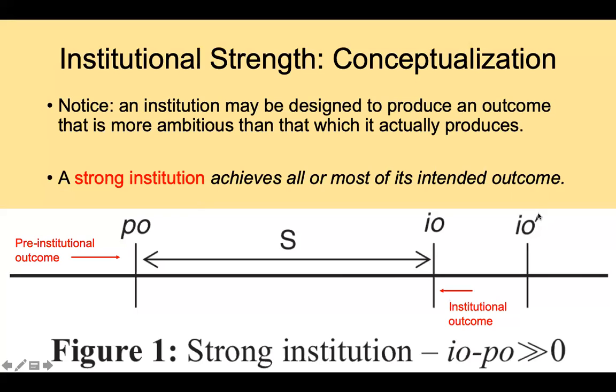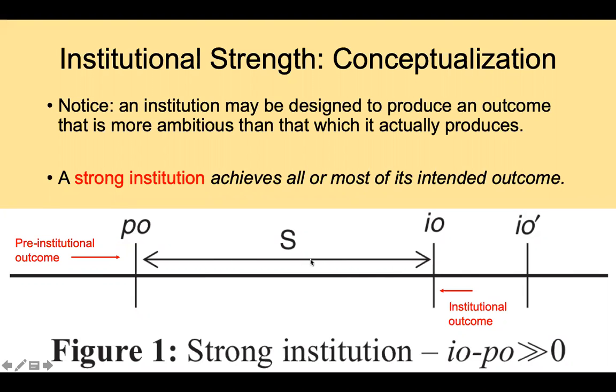This here with this apostrophe. What you're seeing here is an institutional outcome that represents most of the objective that motivated the original institutional creation, because most of the intended outcome is achieved. This is the overall strength of the institution.